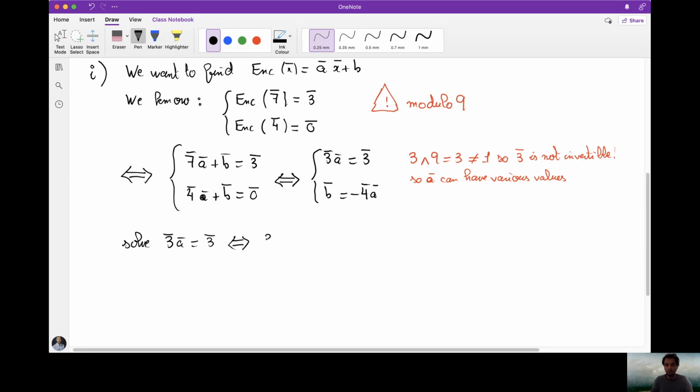So this is the same as saying that 3A is congruent to 3 modulo 9, and now you can divide by 3, but do not forget to divide as well the modulo. So this is the same as A is congruent to 1 modulo 3, and therefore there are 3 possible values for A: 1, 4, and 7. So these are the possible enciphering keys here.